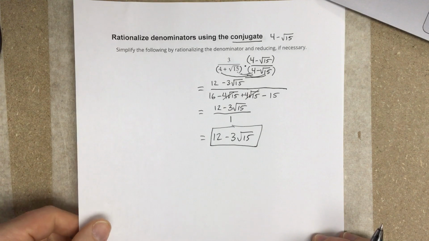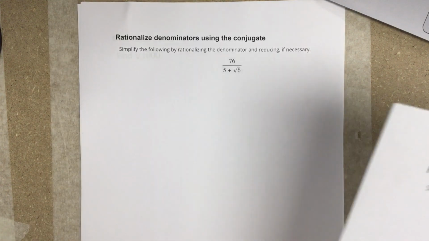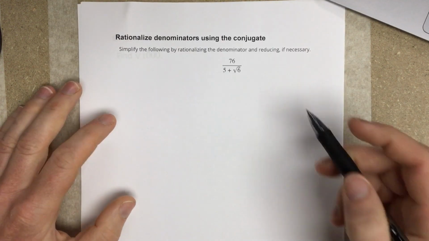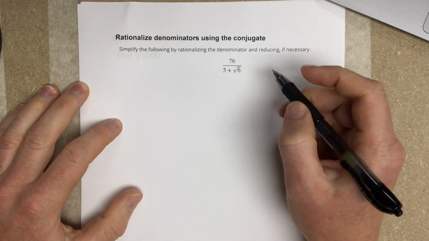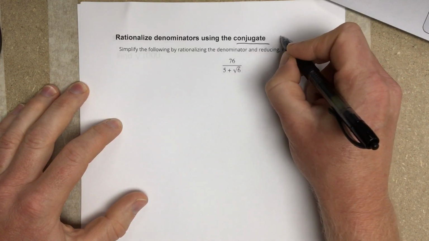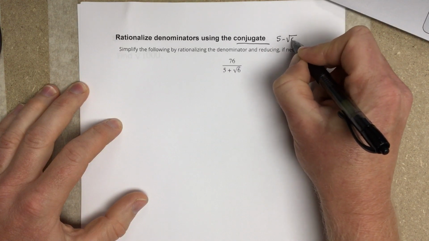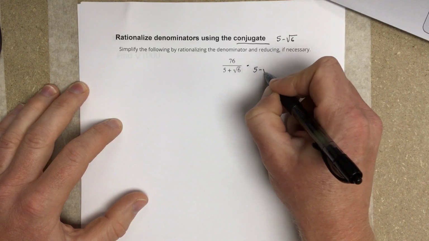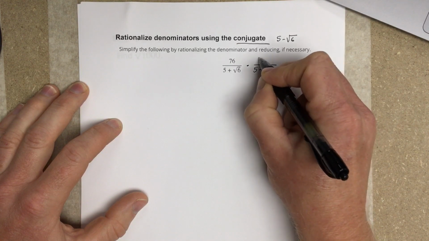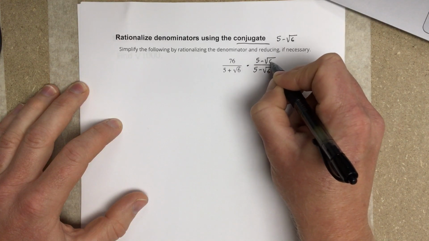Let's try a second problem out. So we've got 76 over 5 plus root 6. So our conjugate here would be 5 minus root 6. So we're going to multiply by 5 minus root 6 over 5 minus root 6.